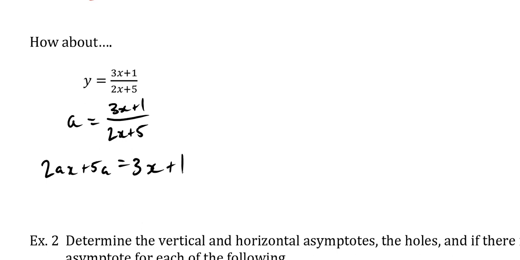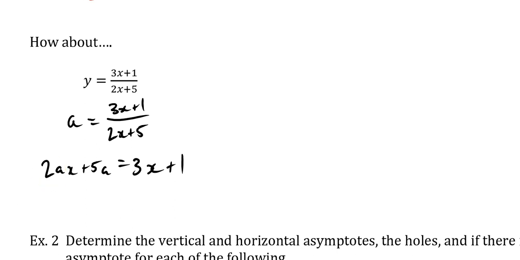So now we know, hopefully, that in order for it not to work, this has to equal 3. And then the x parts are going to be gone. They're going to cancel on either side. So what value of a will give me a 3 over here?